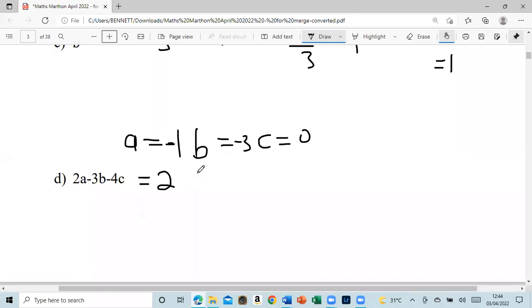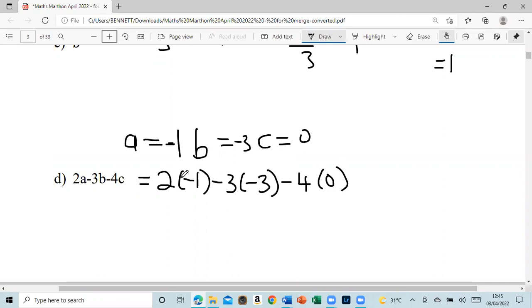And we know the bracket means multiply. So once I see 2A, it means 2 times A, minus 3 times B. But B is what? -3. And then now we have -4 times 0. So all we did was just substitute the values.